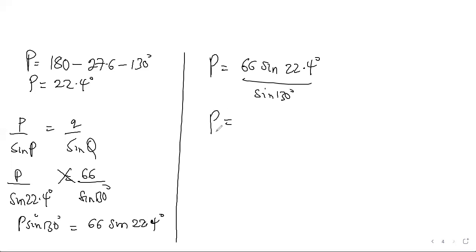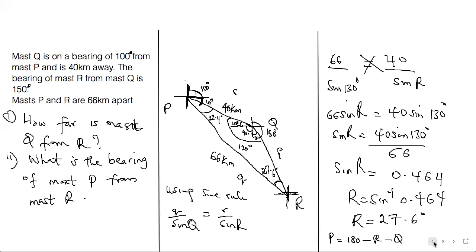So that's 32.8. So 32.8 kilometers is P. Okay, that's the distance between Q and R.